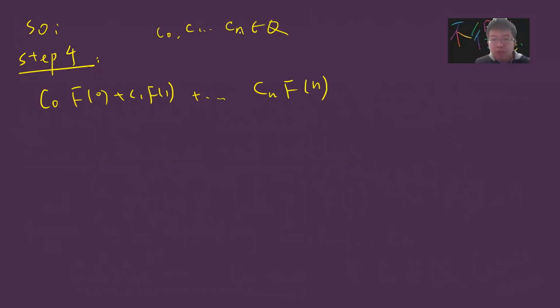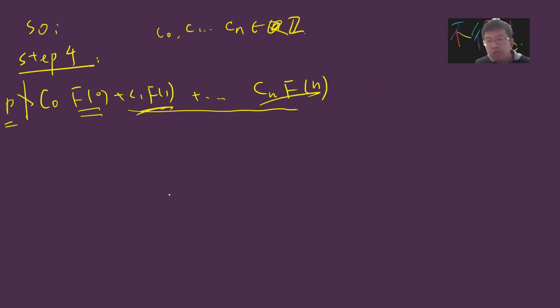But I can take out their common denominator, so that these guys all become integers. So C0 is non-zero, right? So this guy is not divisible by p, because p divides everything, but not this guy. So p does not divide C1 epsilon 1 up to Cn epsilon 1.